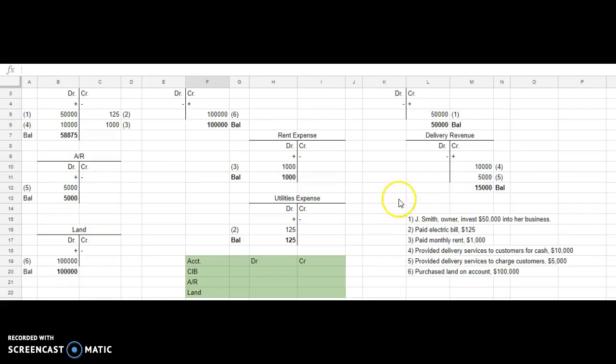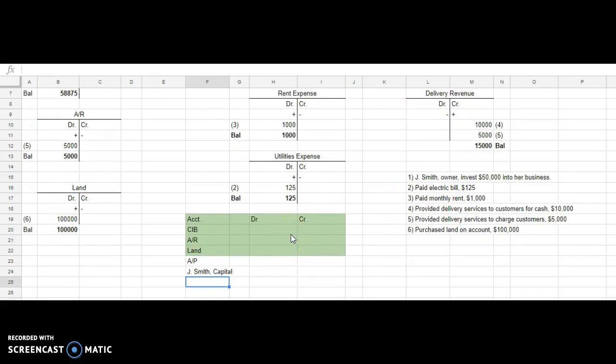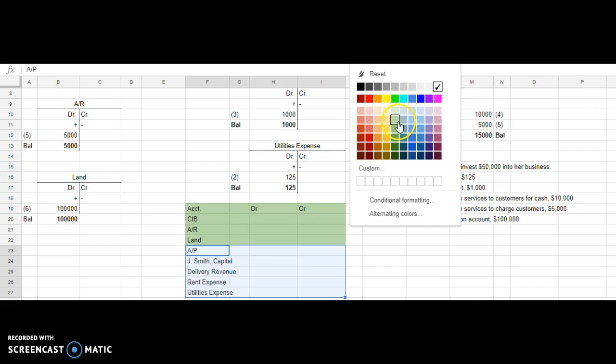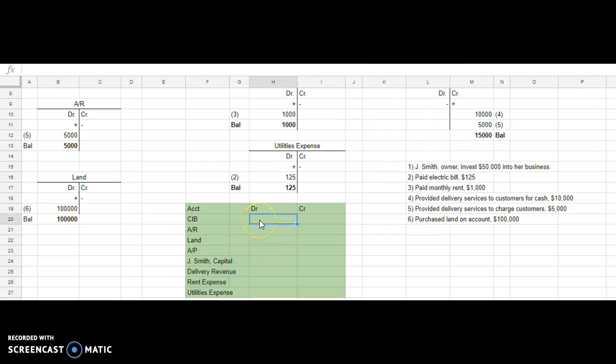And then my revenue account, my rent expense, and utilities expense. And I'll put all of those a different color. You should be listing yours somewhere. So then I can take a look.